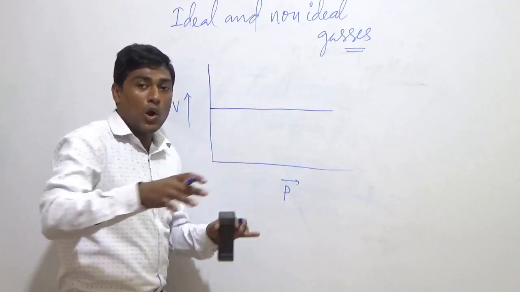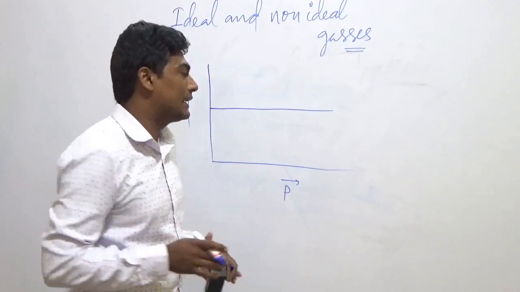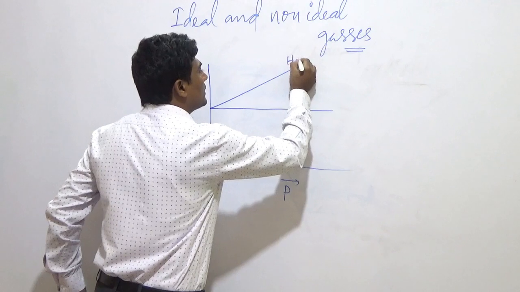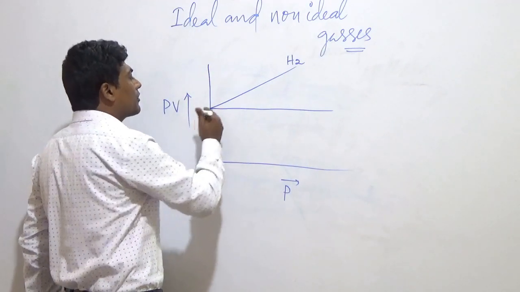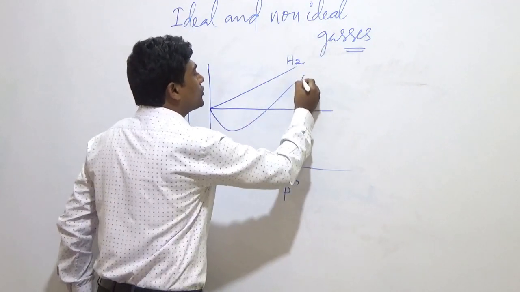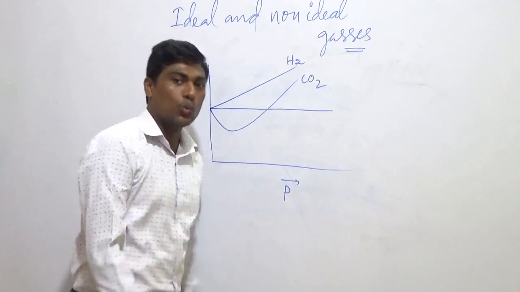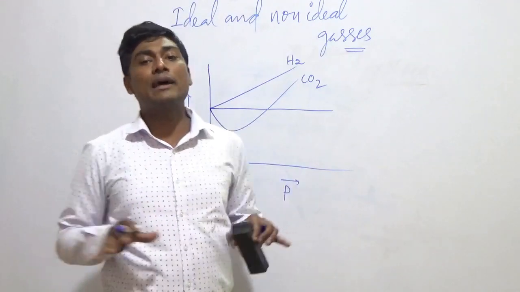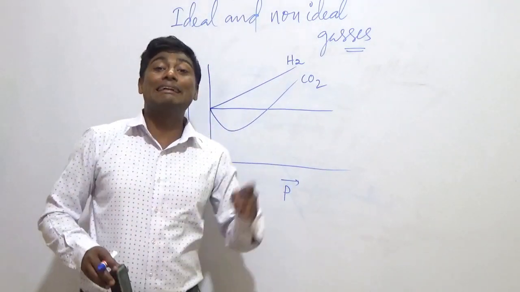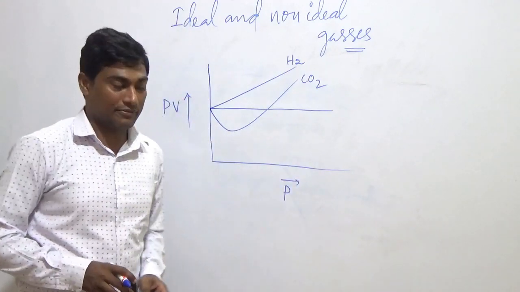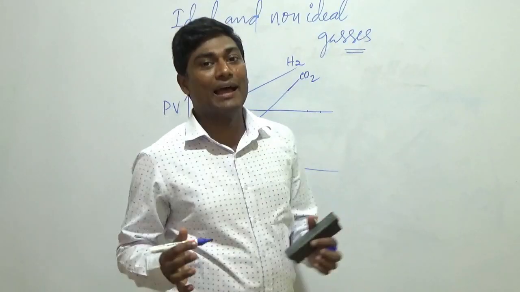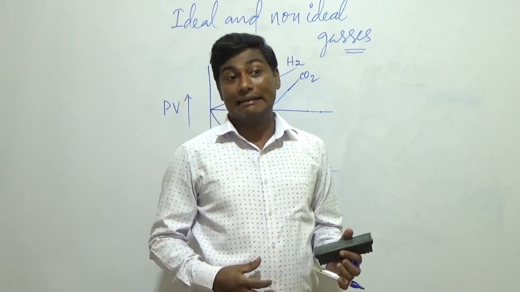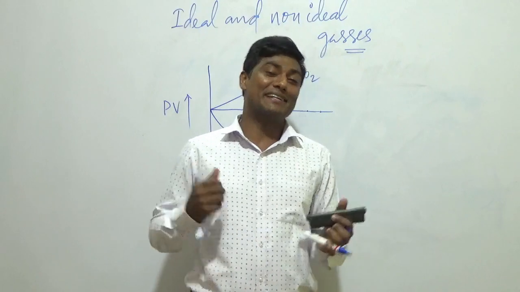When we plotted this graph for hydrogen, it took this trend, and when plotted for carbon dioxide, that took a trend like this. We have to discuss what happens for hydrogen and what happens for carbon dioxide so that they take this trend of the graph.